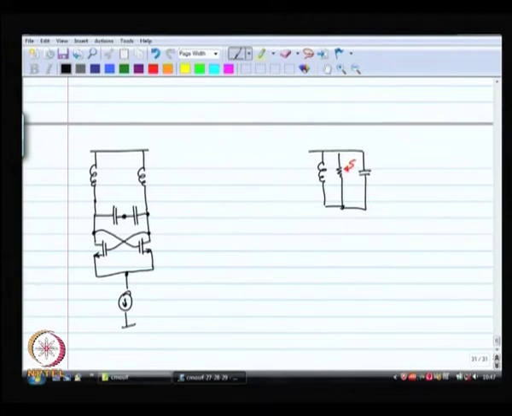Now, what I am going to do is, instead of having this, I am going to break this capacitor into two capacitors in series, all right, and I am going to take out the voltage from the middle and feed it back.